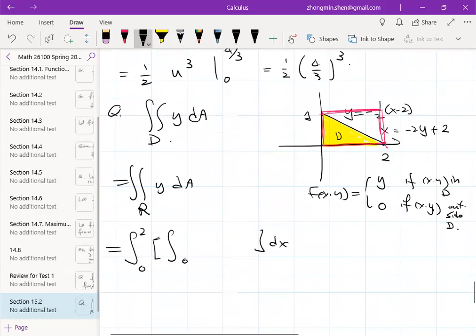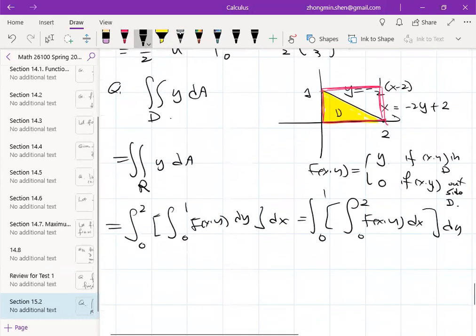Then y is going from 0 to 1. This is still capital F. Or from 0, this is a dy. Then x is from 0 to 2. This is still capital F, right?